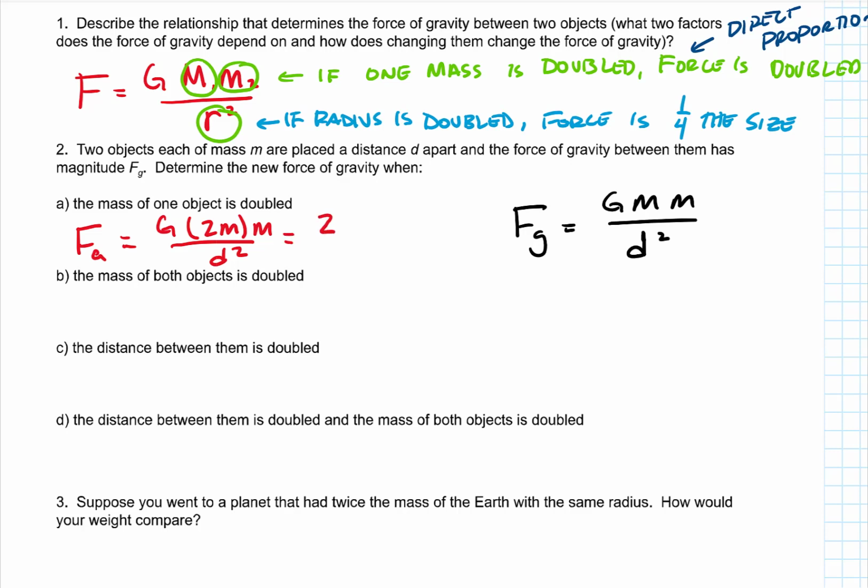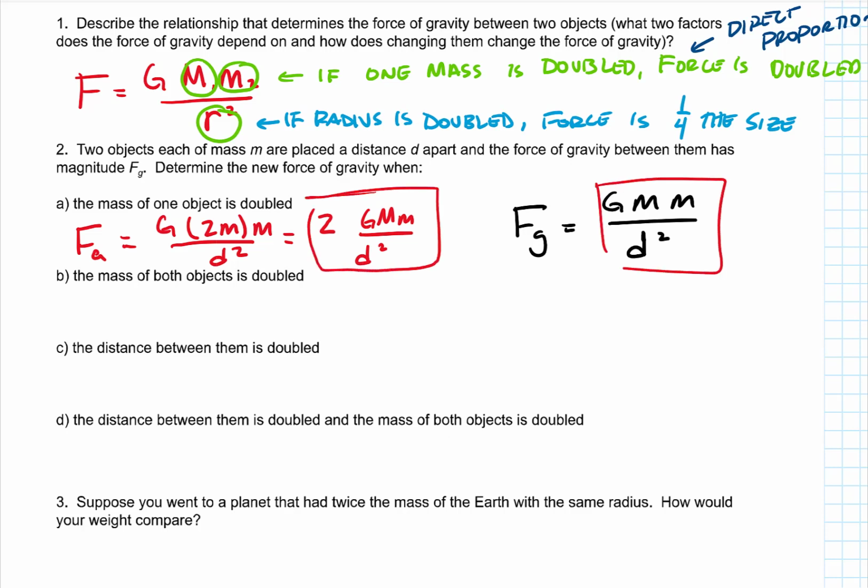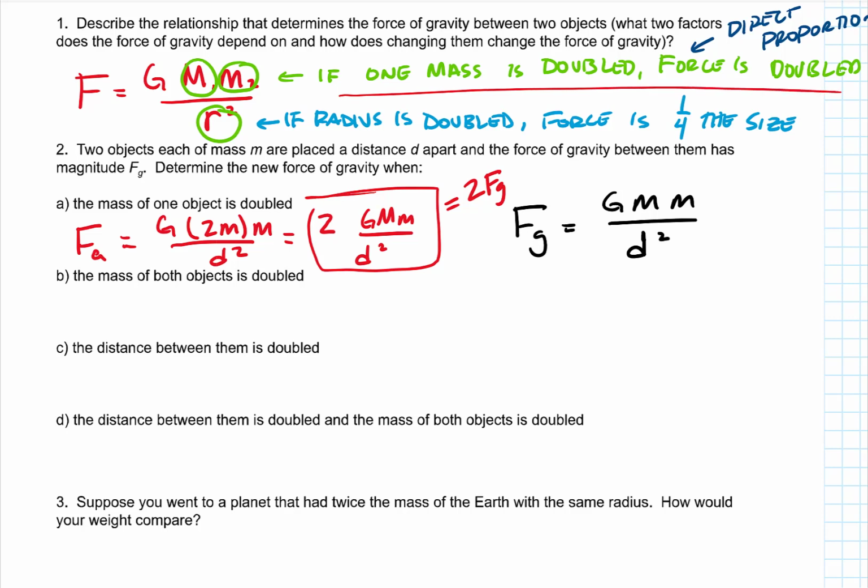And so I have 2, I just want to pull that all the way out, times Gmm over d squared. If I compare this, this statement is 2 times this statement. So my force, if I double just one of the masses, is twice the original force, which agrees with what we set up here. If I double one mass, the force is doubled. Here's the math that goes behind it.